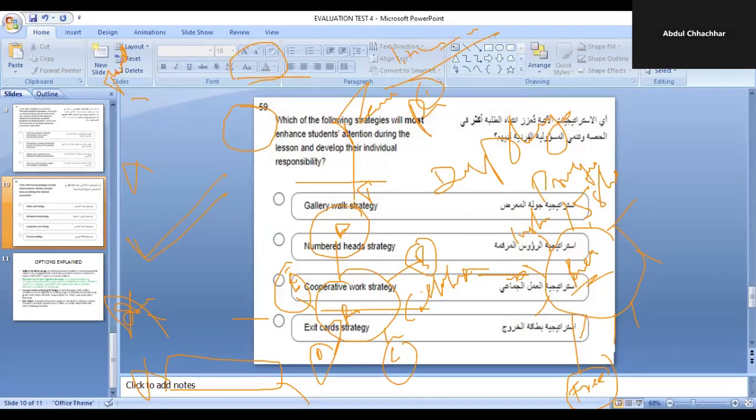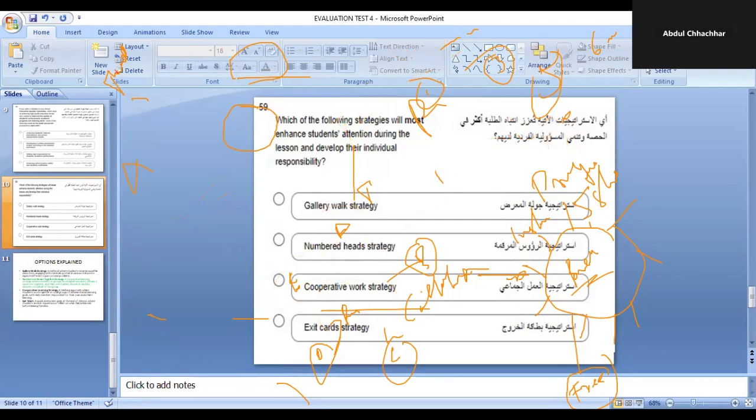Maybe Miss is going to call number 3, and number 3 is mine. Maybe Miss is going to call number 5. Number 5 is mine. Maybe Miss is going to call number 6. Number 6 is mine. So this is what exactly numbered heads is, as studied here. So B is the correct option, okay? Any confusion in this, please let me know.